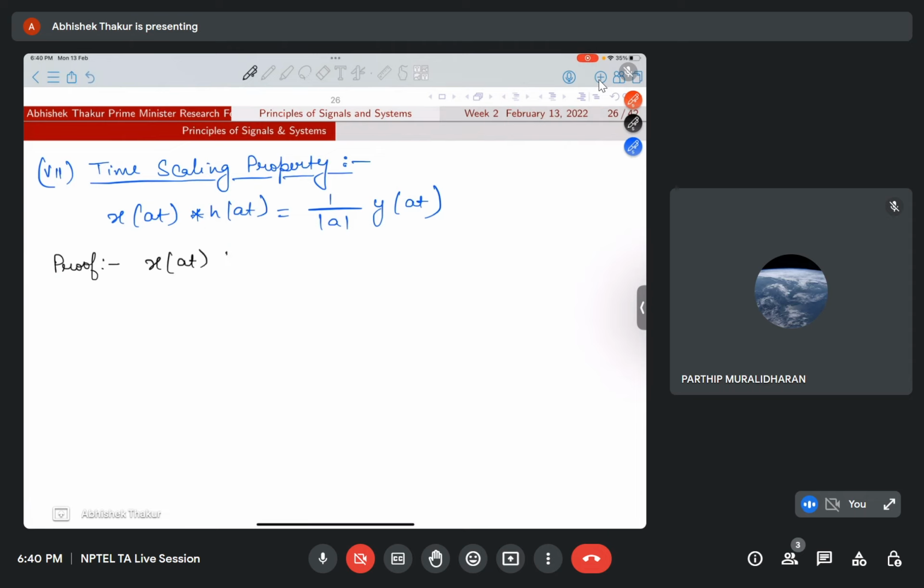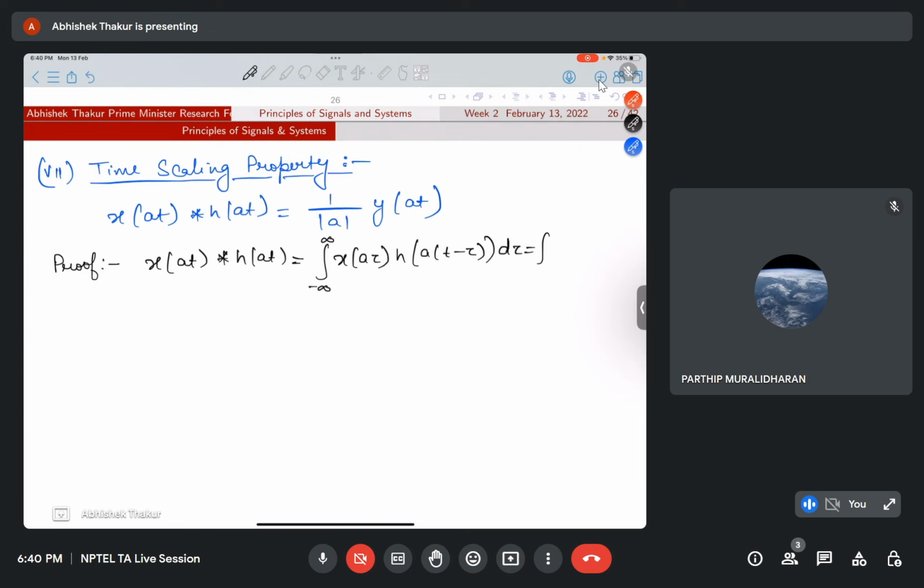When you convolve x(at) with h(at), we can write the formula as h(at minus tau) d tau.